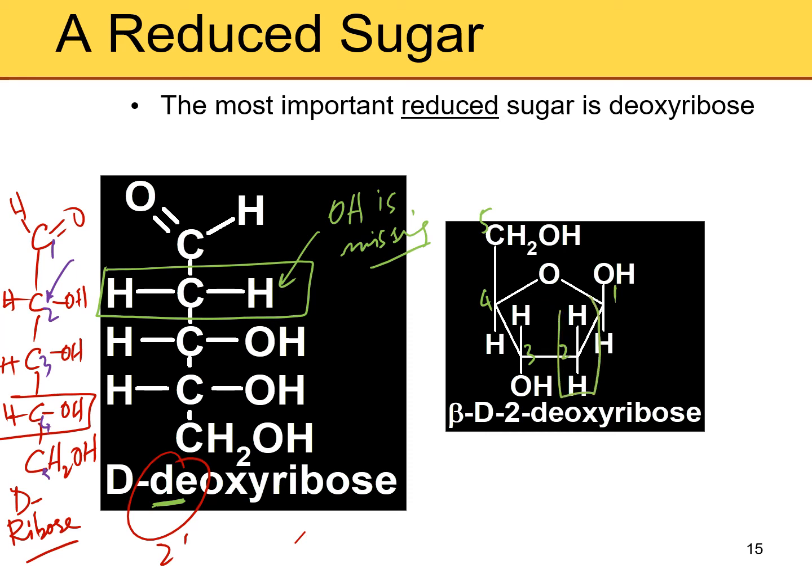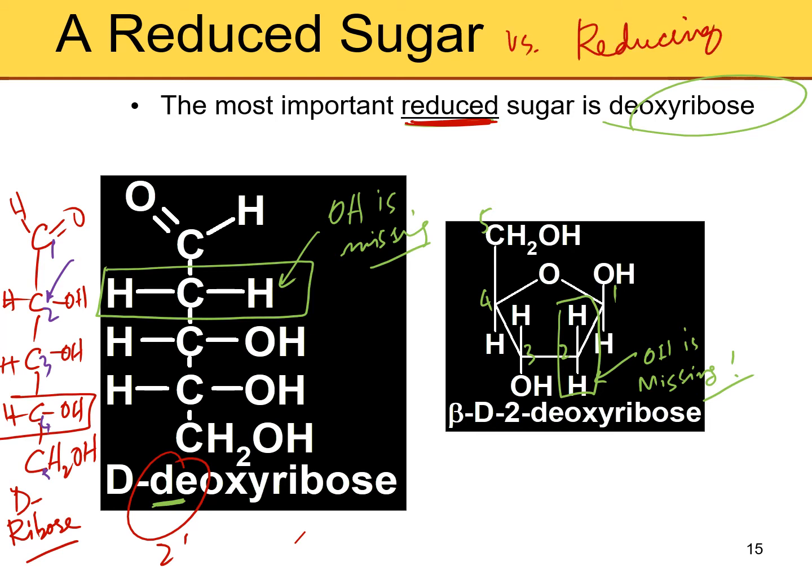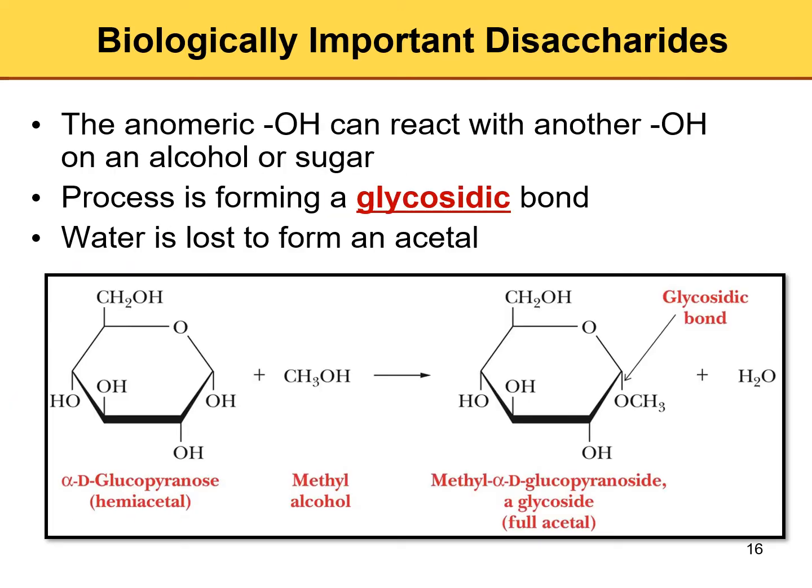So at carbon number 2, the OH is missing. Okay, so that's deoxyribose, and we call it a reduced sugar. Please, we're not talking about reducing. Please make sure you know the difference between reduced and reducing sugar. Okay, now we'll move on to disaccharides.